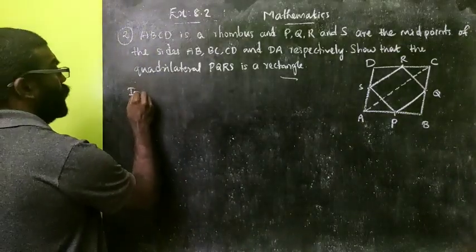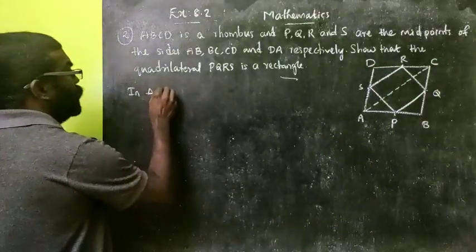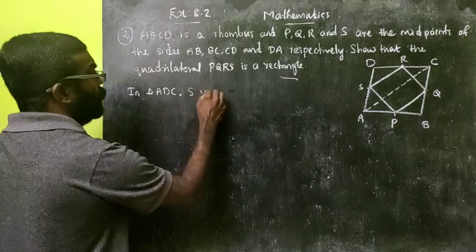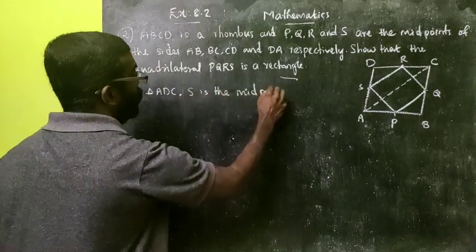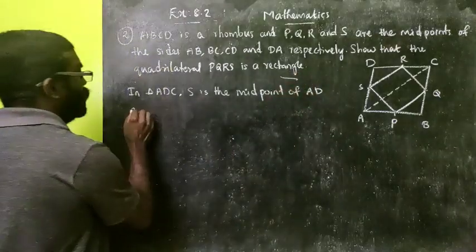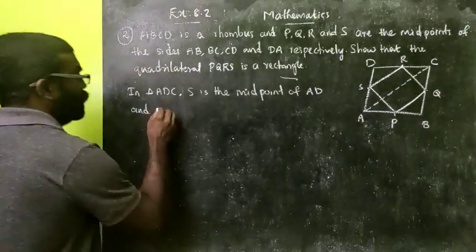So we can consider triangle ADC. So in triangle ADC, S is the midpoint of AD, and R is the midpoint of DC.